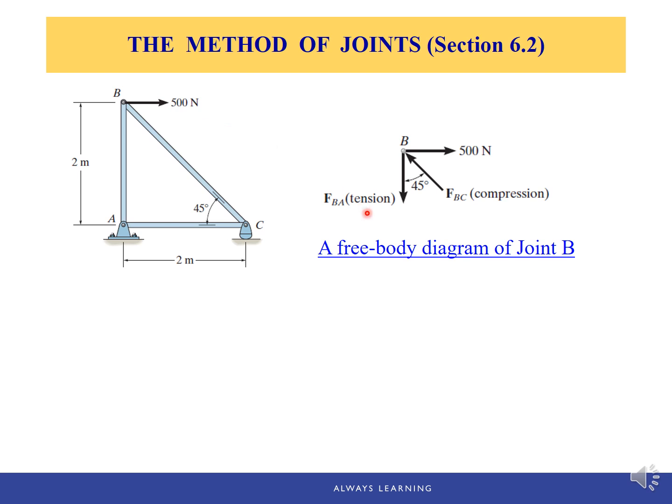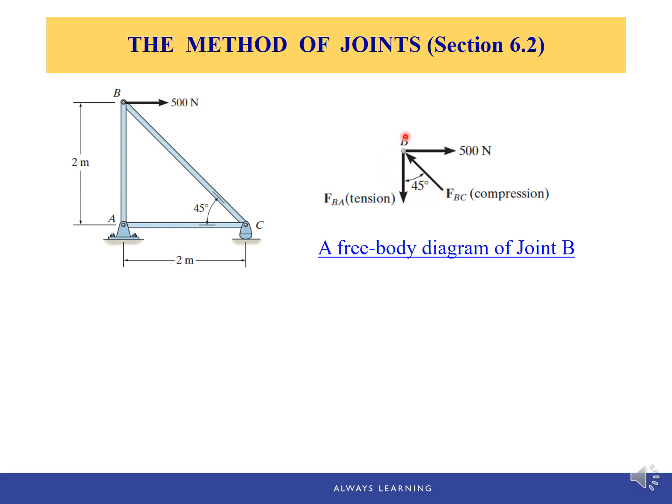Draw the free body diagram of pin B, or joint B. When we draw the free body diagram, we need to isolate point B from the surroundings, but place the forces exerted on pin B. We need to identify all the external forces, including the 500 Newton force, the force exerted by member AB, and the force exerted by member BC.